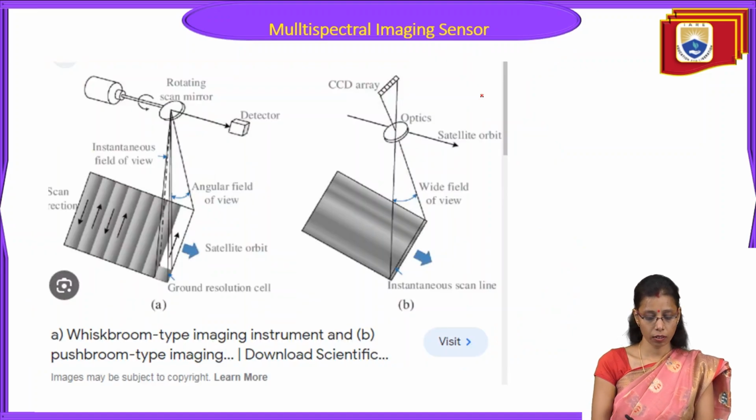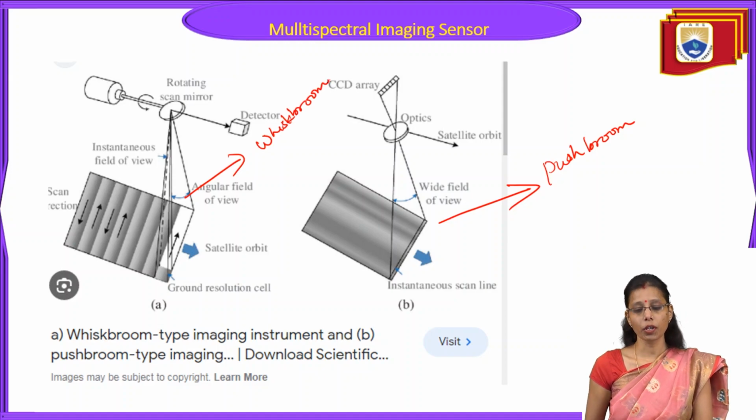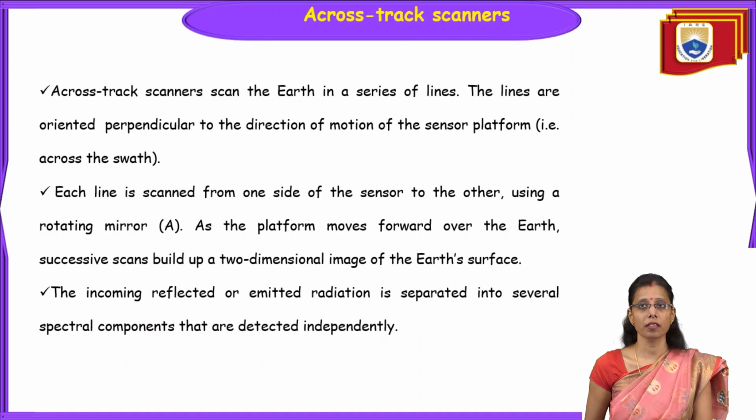So this is push broom, and this is whisk broom. These are the two types of multispectral scanning systems.